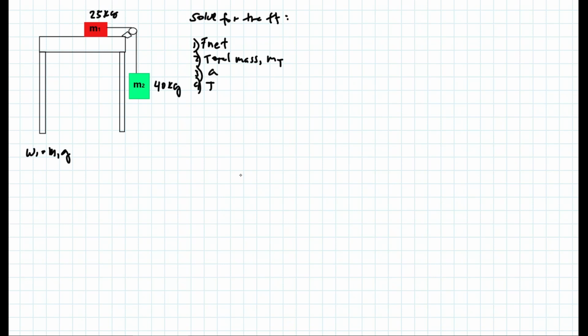For weight 2, obviously, we will use mass 2. And then we multiply it by G, or the acceleration due to gravity. So to determine weight 1, we have M1, which is 25 kilograms, multiplied by 9.8 meters per second squared.